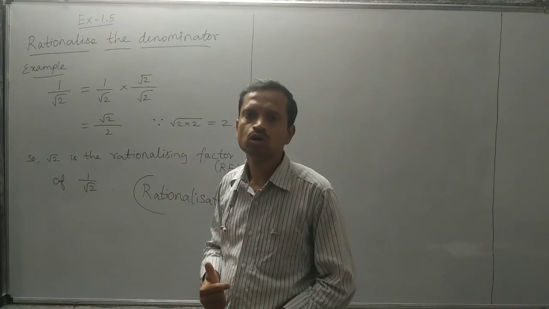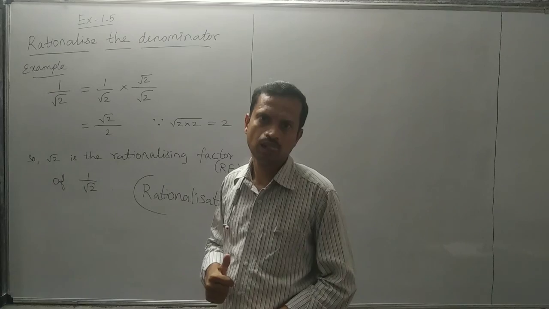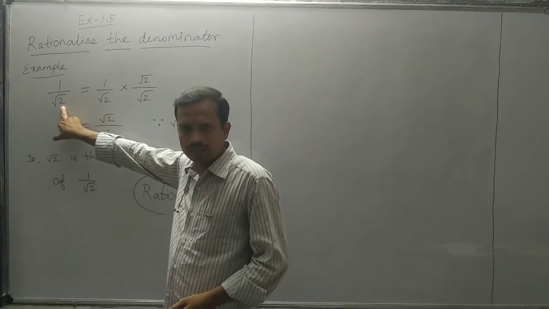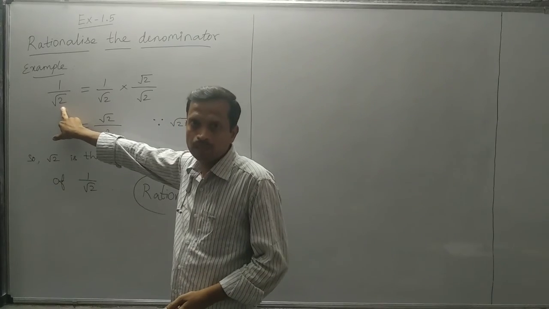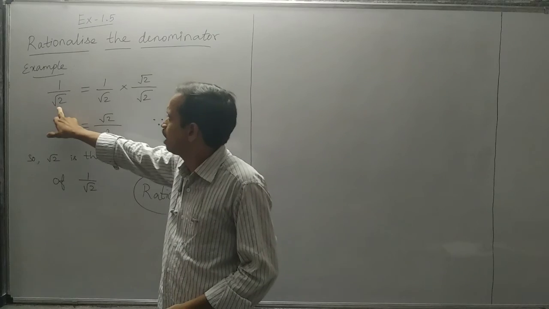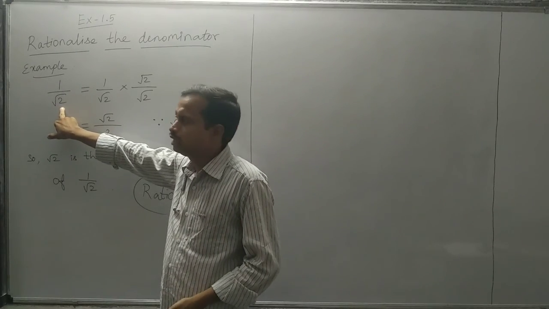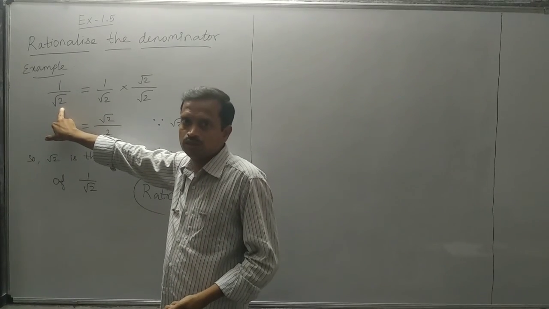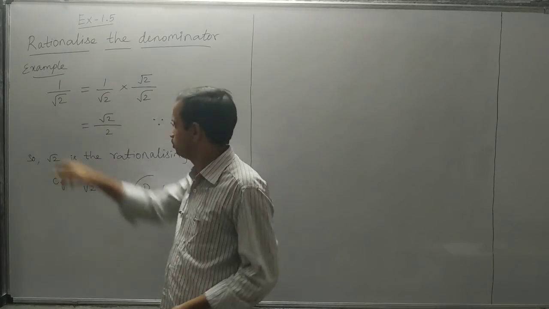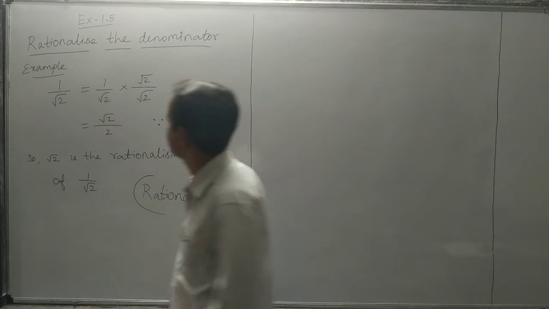So root 2, is it rational or irrational? Irrational. So in the denominator it is irrational. Rationalize the denominator means you have to convert the irrational form in the denominator to rational form. You see how I am doing this.